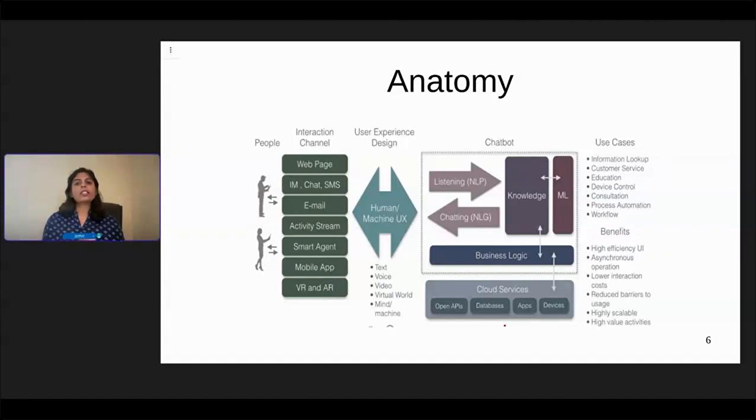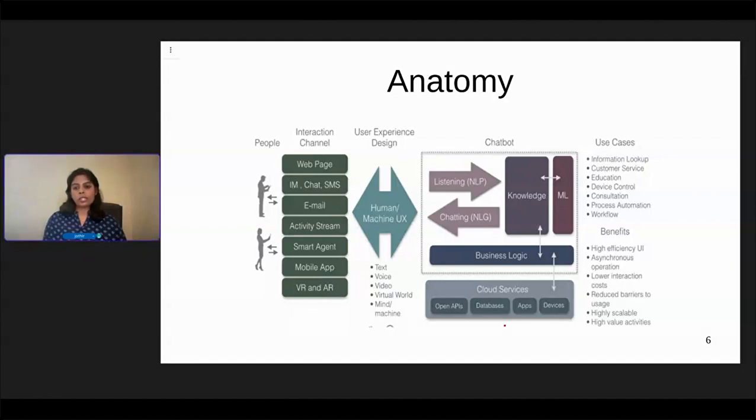This is the whole anatomy, but as a user it's completely invisible to you. You just ask a query and you get a response. You could imagine the amount of speed and accuracy working in the background to give you that much output in no time.